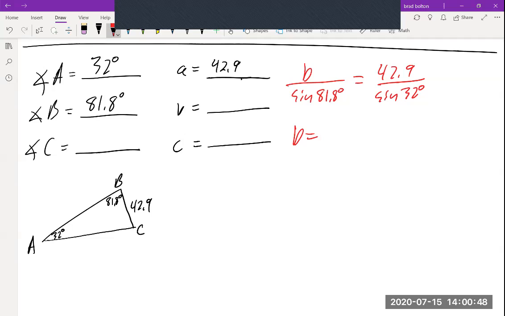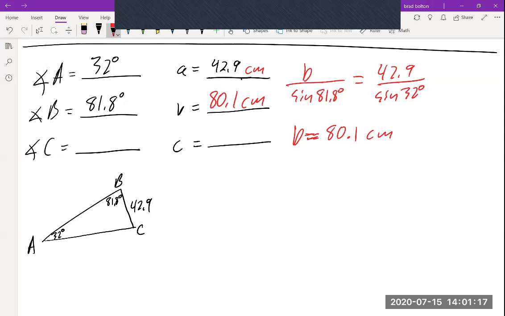So when we do this on our calculator, 42.9 divided by the sine of 32, hit enter, then multiply this by the sine of 81.8 degrees. And I get approximately 80.1 centimeters. Oh, I think this is in centimeters, by the way. Centimeters, so this is 80.1 centimeters.